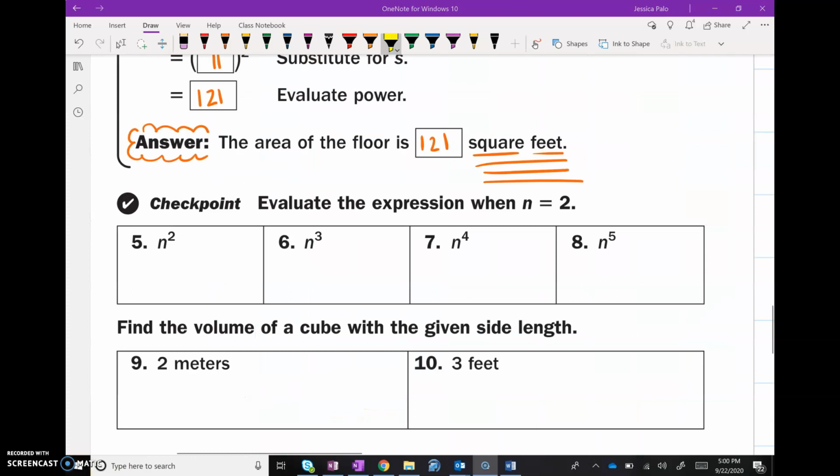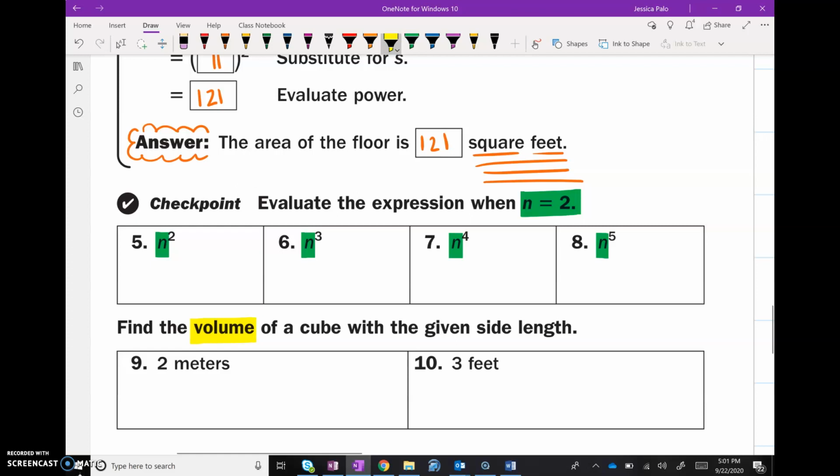Here are your last 6 checkpoint problems. 5, 6, 7, and 8, you are going to be evaluating the expression when n equals 2. So don't forget to substitute the value for 2 in for n. And for 9 and 10, you are going to be finding the volume of a cube.